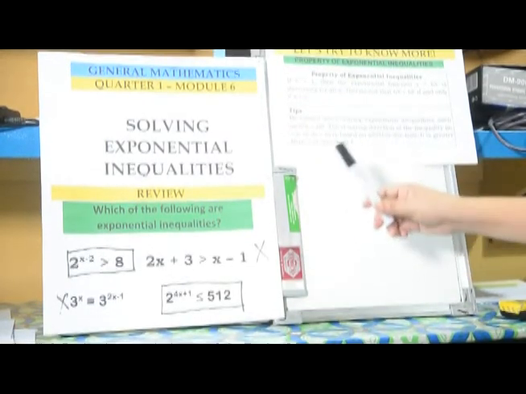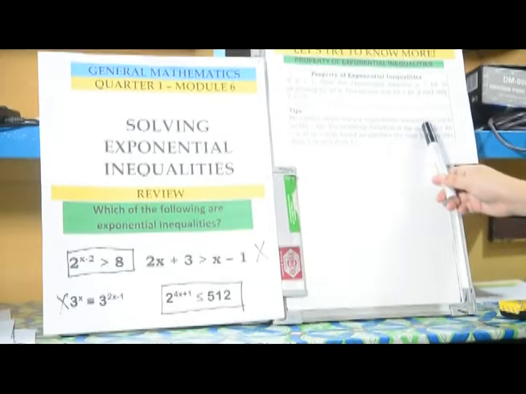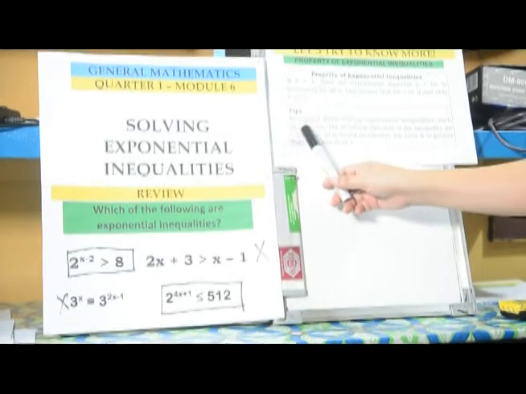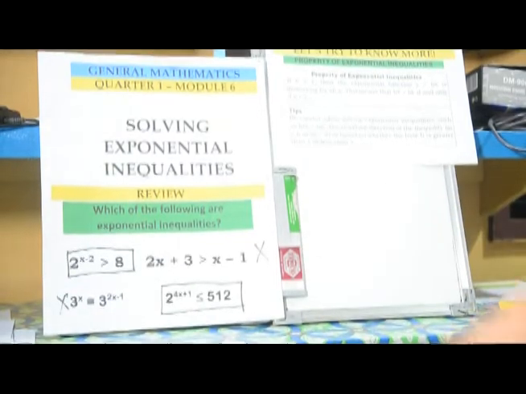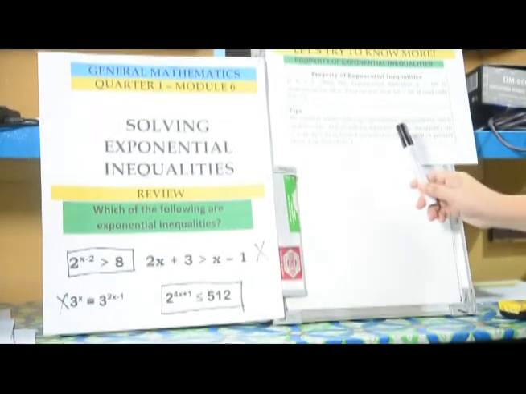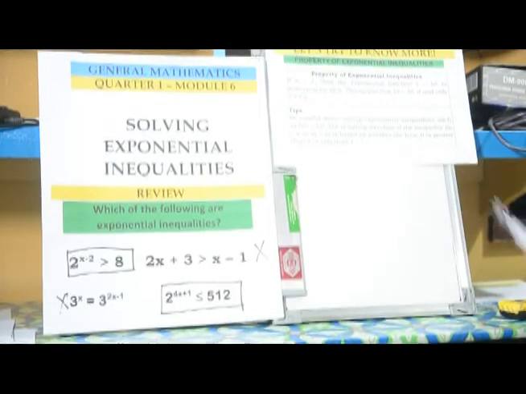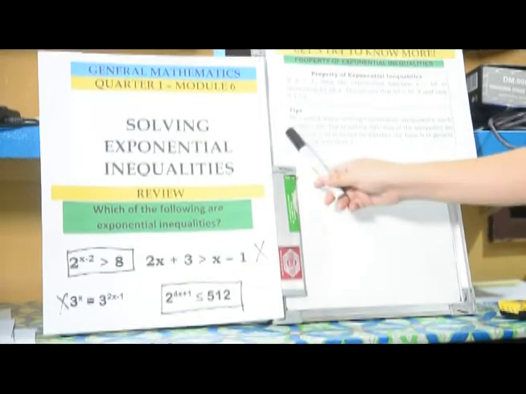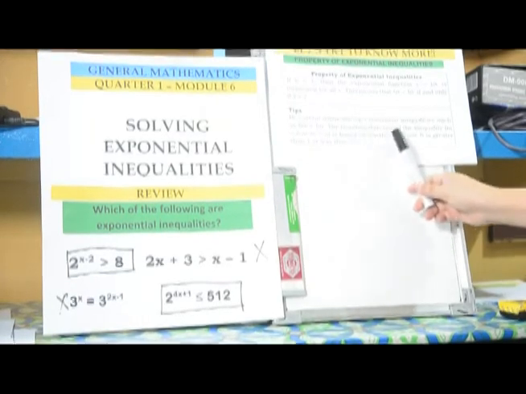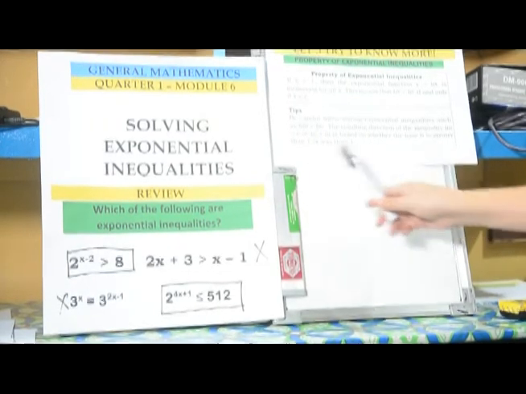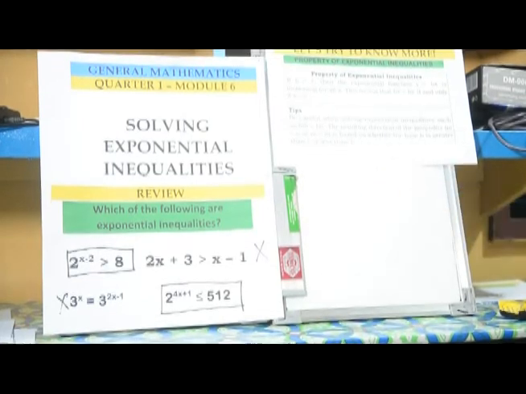Okay, so again we have a tip. Be careful, class, when solving exponential inequalities such as b raised to the power of m is less than b raised to the power of n. The resulting direction of the inequality, whether m is less than n or m is greater than n, is based on whether the base b is greater than 1 or less than 1. Those are the tips in solving.